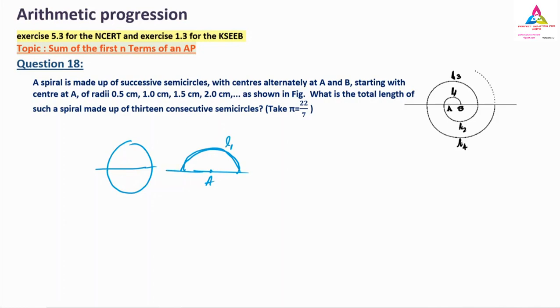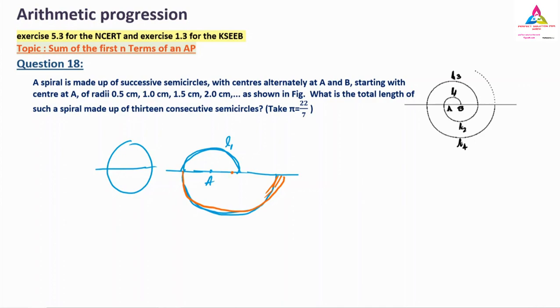Next we have one more semicircle, a little bit bigger in size. For this semicircle we have one more center.